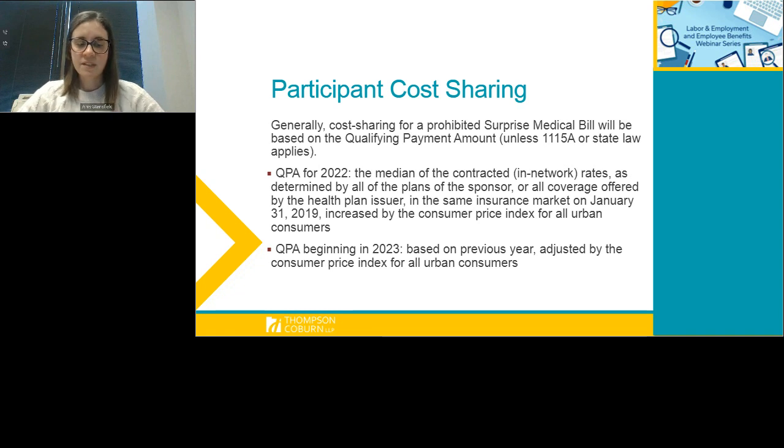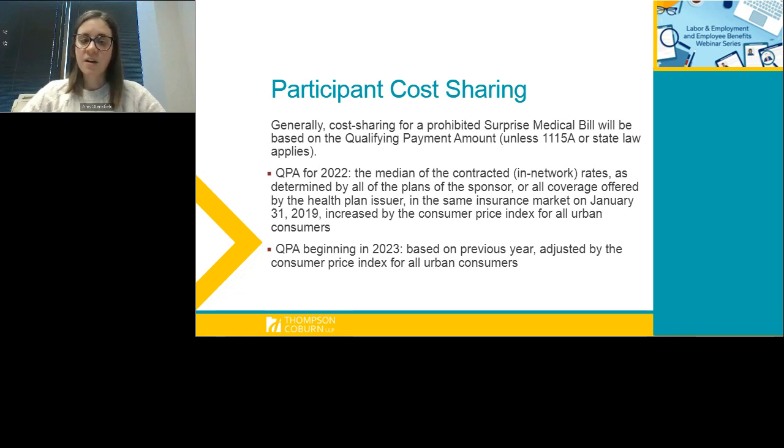So this is a very specific calculation put forth in the regulations. For 2022, it is the median of the contracted in-network rates as determined by all of the plans of the sponsor, or all coverage offered by the health plan issuer in the same insurance market on January 31st, 2019, increased by the Consumer Price Index for all urban consumers.